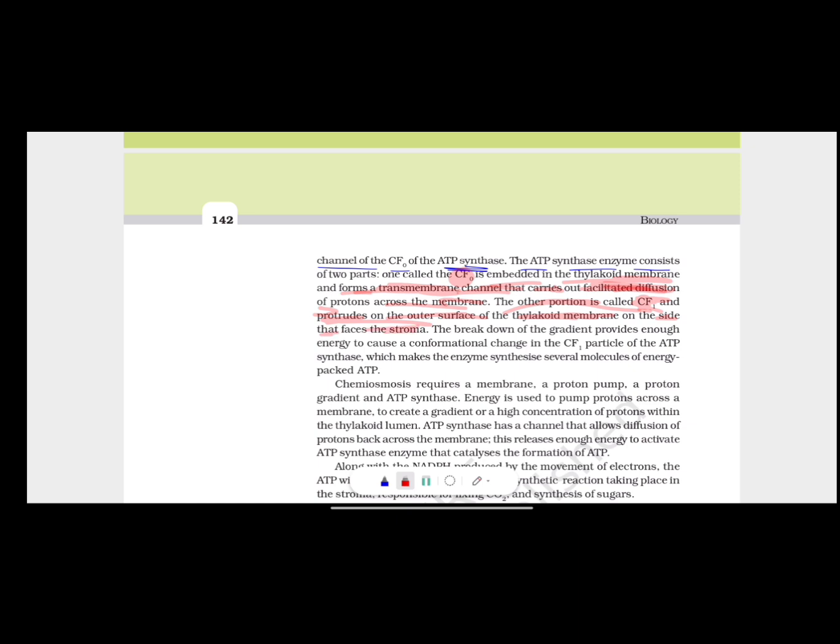See, this is stroma. This is stroma. So here the membrane is there. Here F0 is there. Here F1 is there.